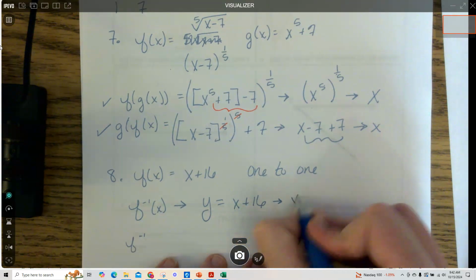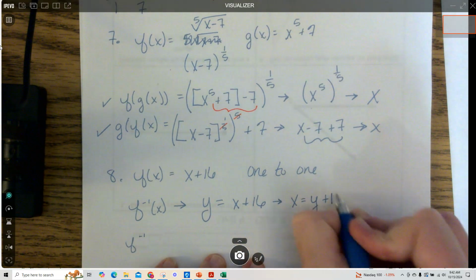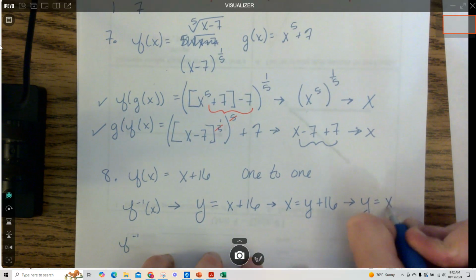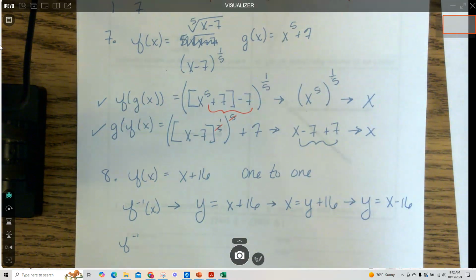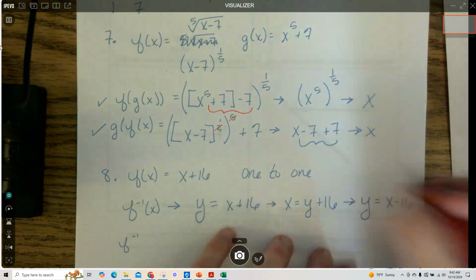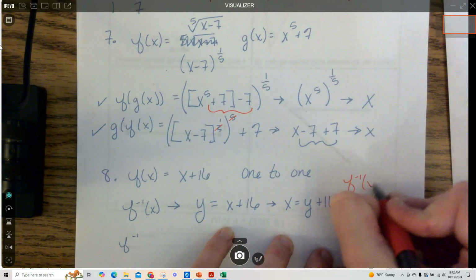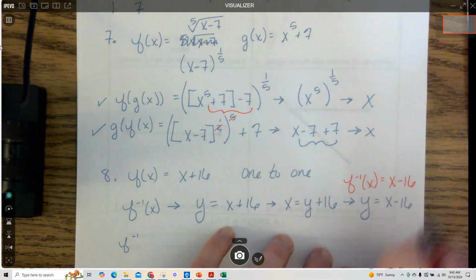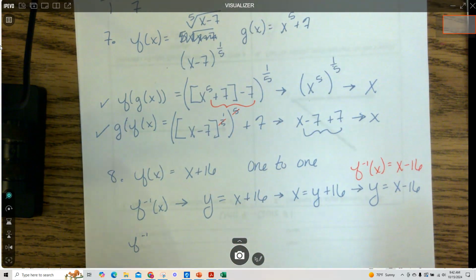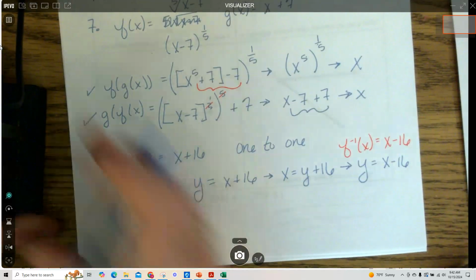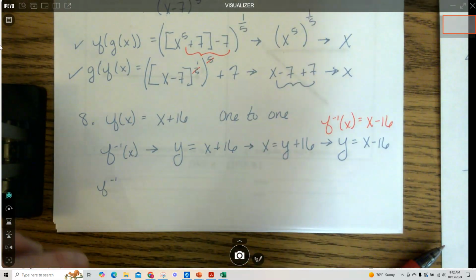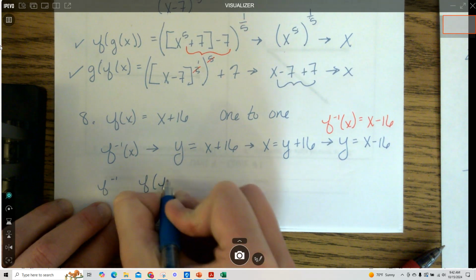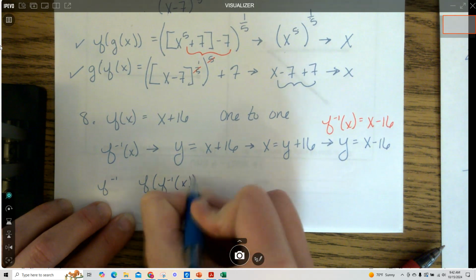Switch the x and the y, and then solve for y. So y equals x minus 16. That should be your inverse. F to the negative 1 of x should be x minus 16. The proof would be f of the inverse of f.